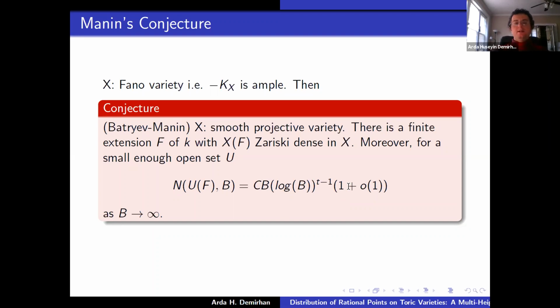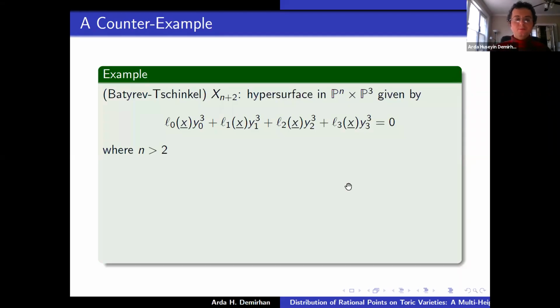I said that Manin's conjecture is a very famous one, but the funny thing is it is also famously wrong. For example, Batyrev and Tschinkel provided the following example. Say X_{n+2} is a hypersurface in the product P^n times P^3, given by this equation.